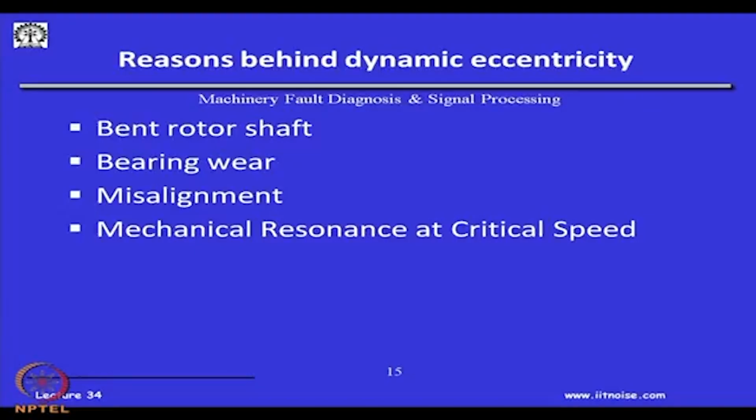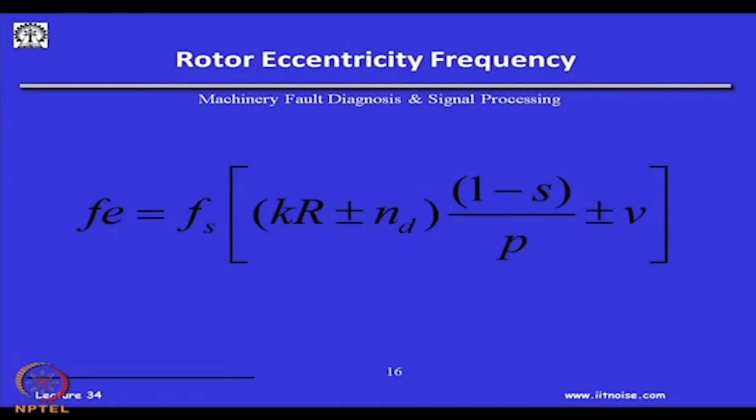Once we have these kind of defects in the electrical motors, they all reflect in the current spectra. So, looking at the frequencies in the current spectra, we can find out the faults, and there are equations also here for how the supply frequency changes because of the rotor eccentricity.